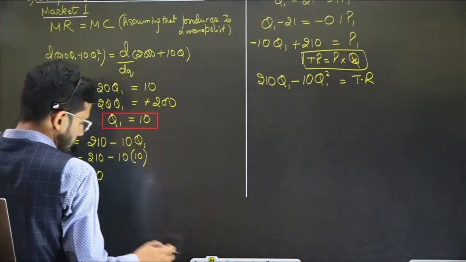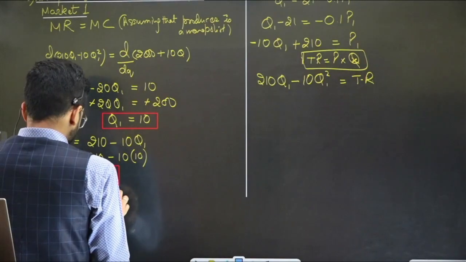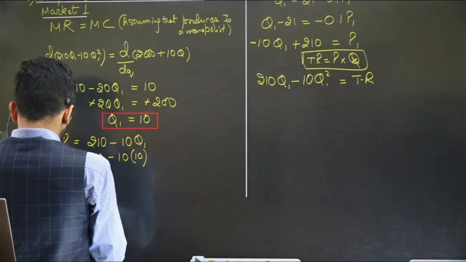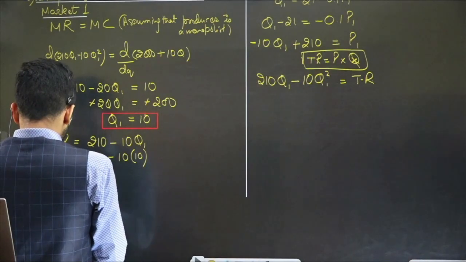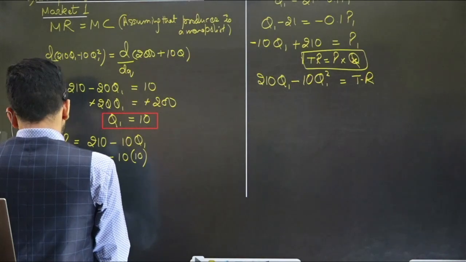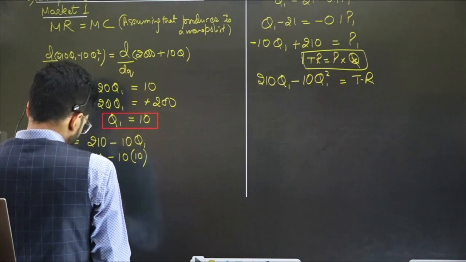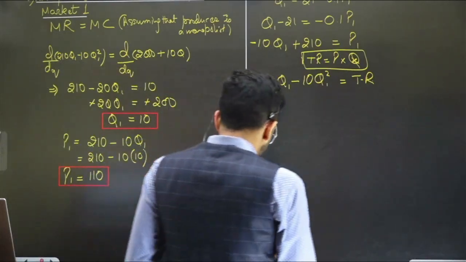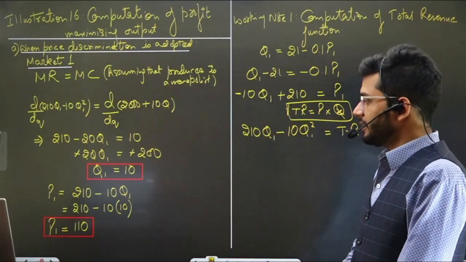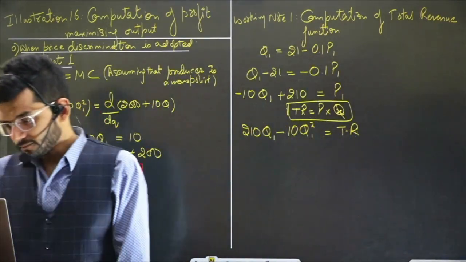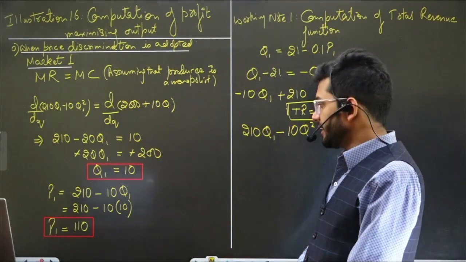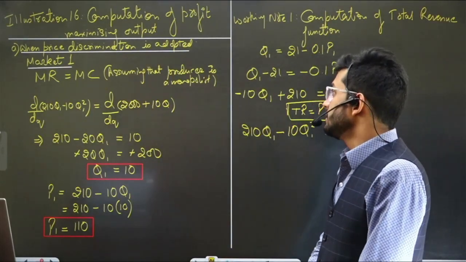So P1 is equal to 110. So price is 110 and Q1 is 10. The price at which the goods are to be sold under equilibrium is 110 and the quantity to be sold in market 1 is 10. This is for market 1.